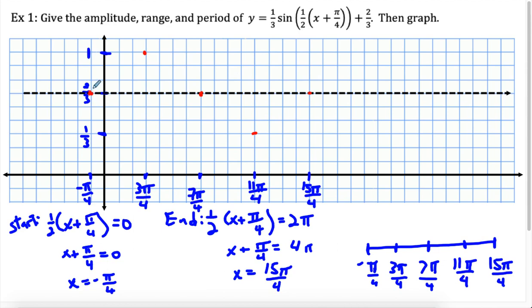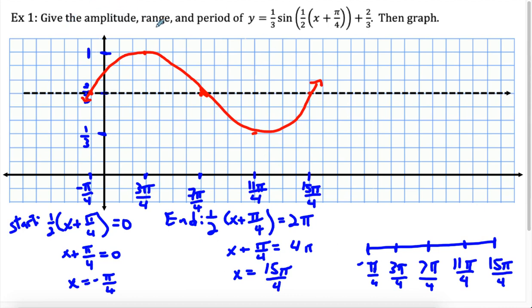So let's sketch in our sine curve. Okay, so again, what I'm looking for when you're graphing these is your labels on the y-axis and the x-axis, right? That's what I'm looking for. And then obviously that you're drawing in the correct curve, right? Don't draw in the cosine curve once you have all these labels.